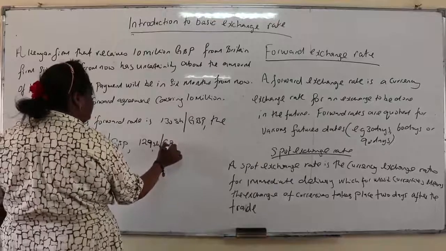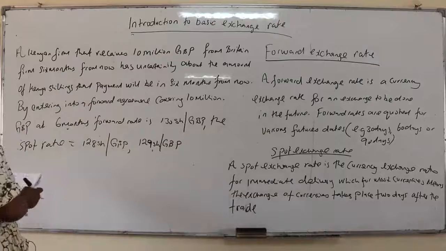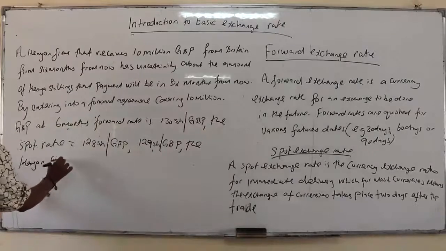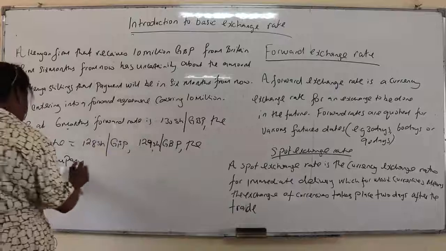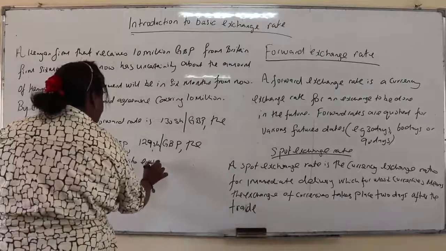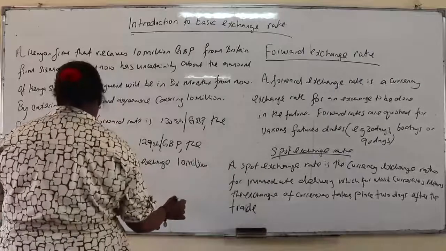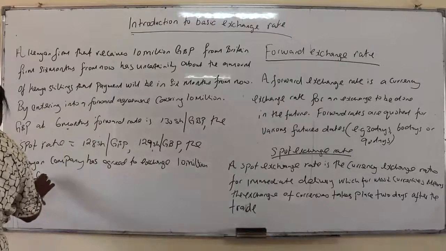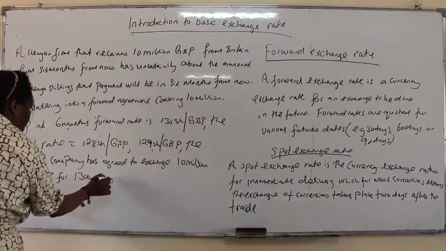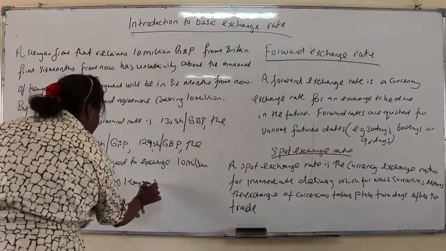So the Kenyan company has agreed to exchange 10 million Great Britain pound for 1.3 billion Kenya shillings in 6 months.